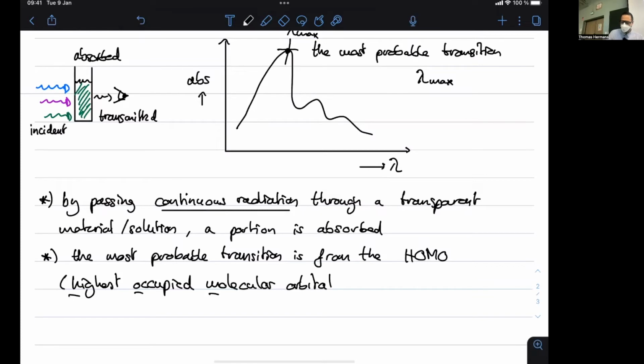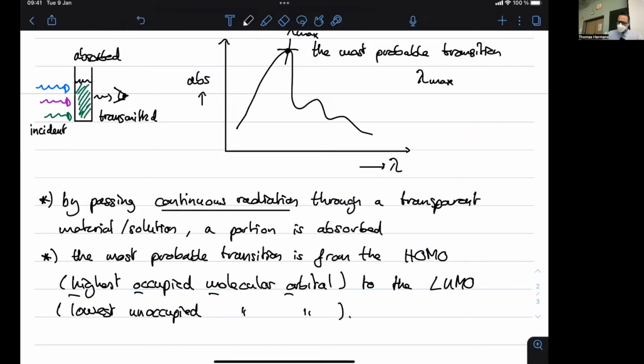Highest occupied molecular orbital, to the LUMO. That's the lowest unoccupied molecular orbital. And typically this has an energy of 125 to 650 kilojoule per mole.